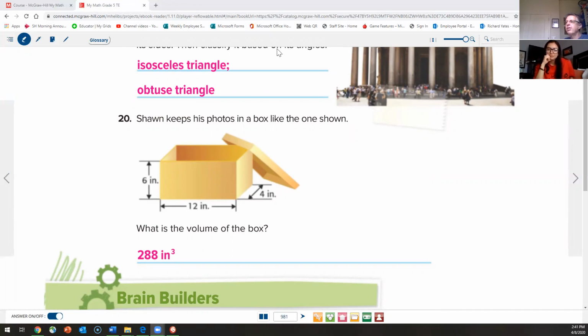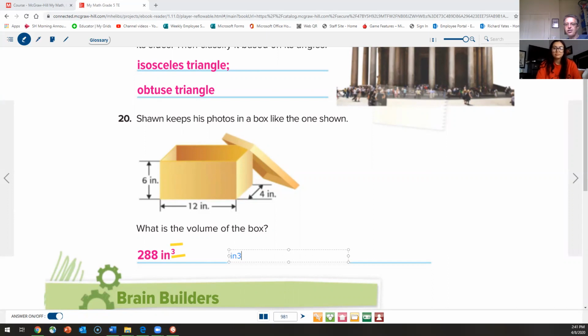And I am really going to be looking to make sure that on the test, you guys include the little tiny 3. Now, the little tiny 3 is going to be kind of hard for us to type when we're actually typing the test. If you just type it in like this, inch with a 3 next to it, Ms. Garcia and I will know that it means cubic inches.